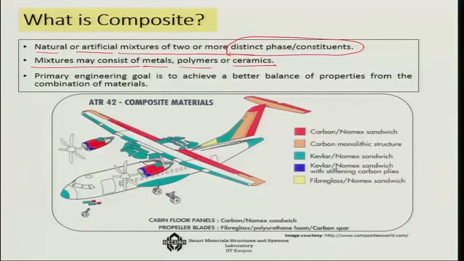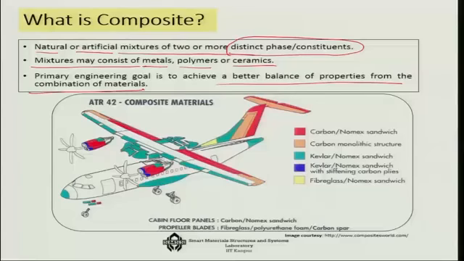Now what is the primary engineering goal? Why are we mixing? We are mixing to achieve a better balance of properties from the combination of these materials. What improvements can you think of for mechanical applications?